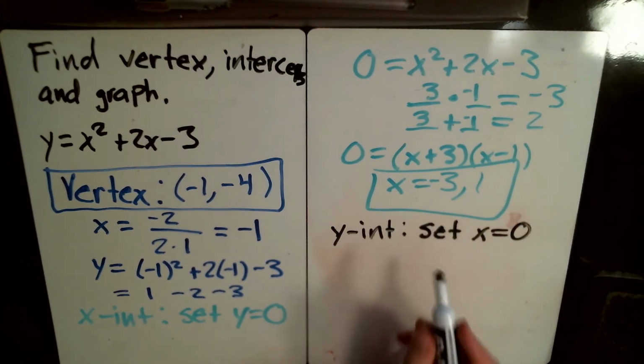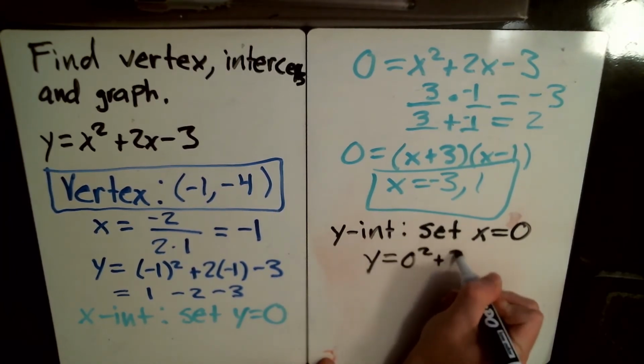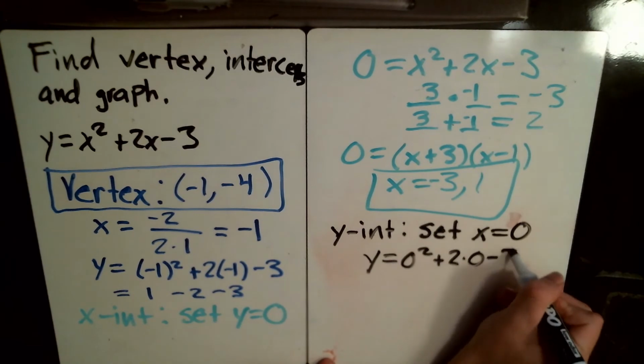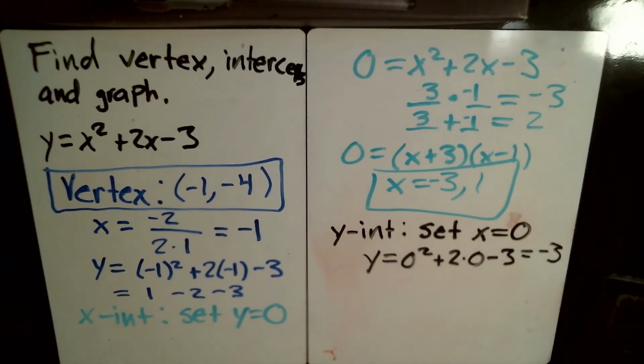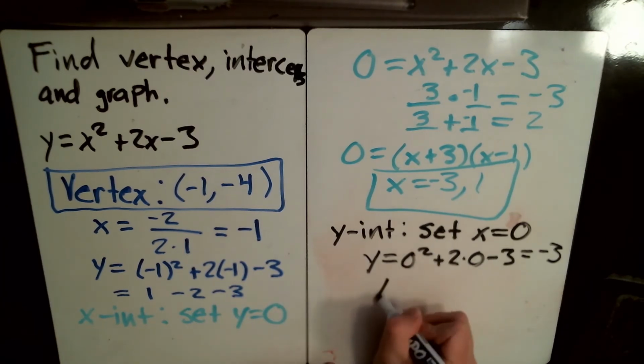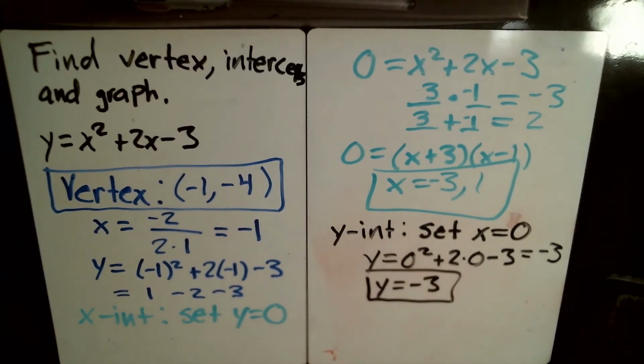Okay? So notice when you set x equal to 0 in this, you get 0 squared plus 2 times 0 minus 3 is negative 3, right? So our y-intercept is just negative 3. Okay? So we have x-intercepts and a y-intercept. That's all the intercepts you can have.